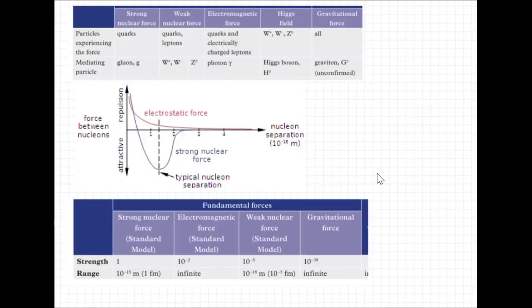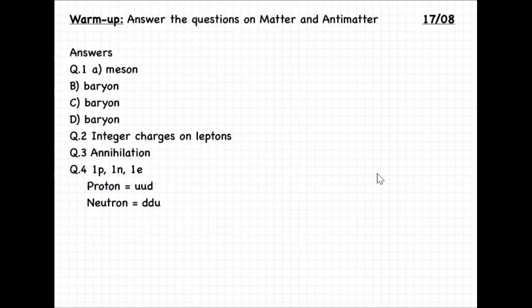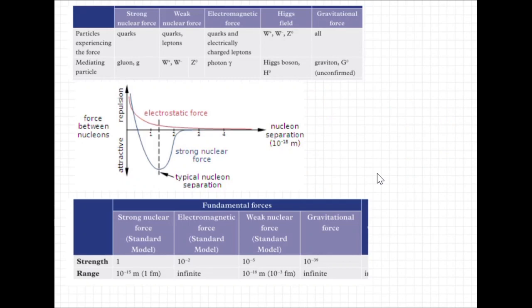Mediating particle, again, that's pretty well given in the tables here. And the particles which it interacts with, or the particles experiencing the force, okay? I'm also going to hand you these. These are my little matter, antimatter, force interaction tables, okay?